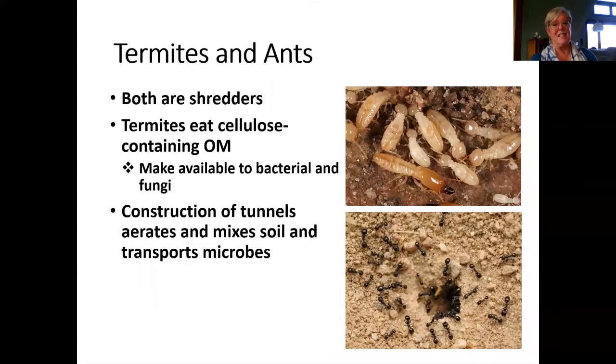Termites and ants, this is one of those things. These are both shredders as well. They play a very important role in the ecosystem, your soil ecosystem. Through their tunnels and actions, they spread the bacteria and move organic matter. They're very, very important. Where they're not so good is when they find their way into your home or into the wood underneath your home.